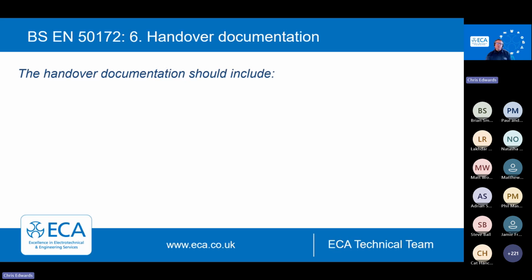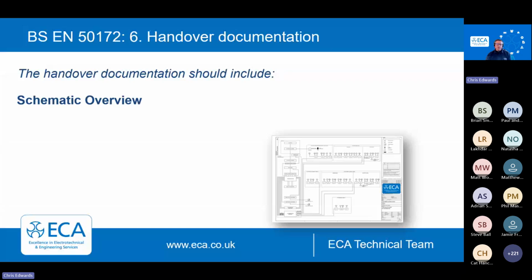Now, this document smashes home handover requirements and verification in a major way. So I'm going to try and cover those now. Handover documentation, I haven't included all the points here. It's section 6 in this document, but there is a lot of detail in here, and it's just to give you a bit of a flavor. Schematic overview, we need a diagram.